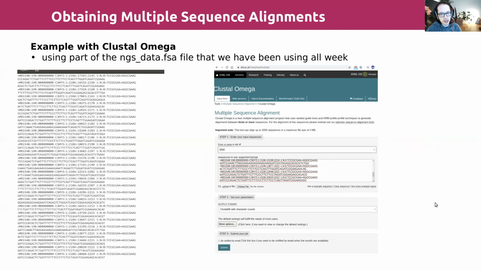So some examples of this in practice are, for example, Clustal Omega, and this is part of this EMBL service here. And what you can do is go to Clustal Omega and paste in a FASTA sequence, a FASTA file. And in this case, we've used some NGS data, ngsdata.fsa, simply pasted it in.